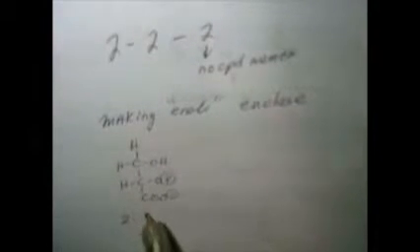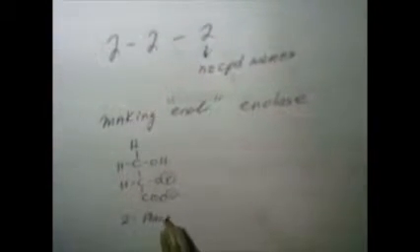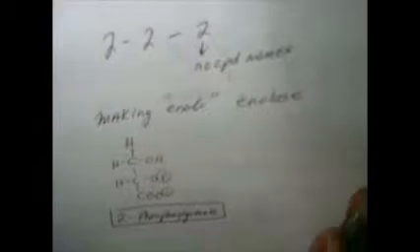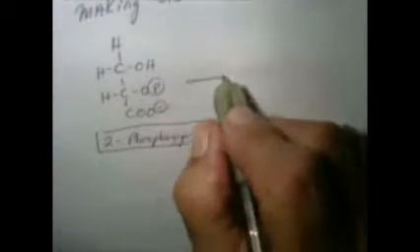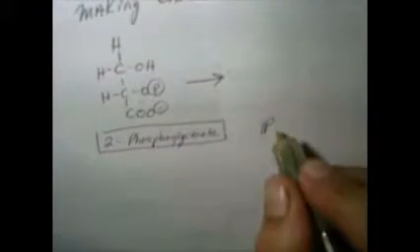When we go from 2-phosphoglycerate to phosphoenol pyruvate, we're making an enol.